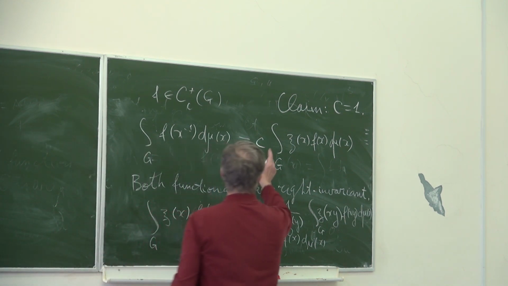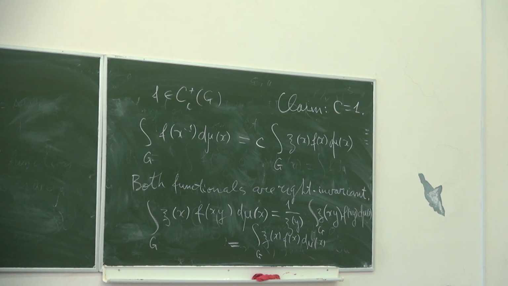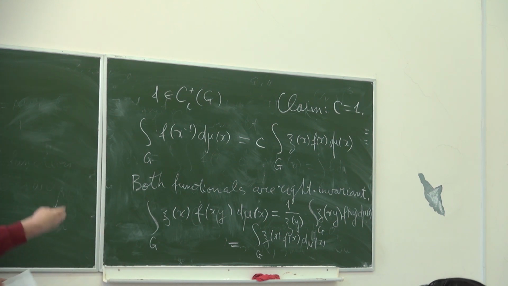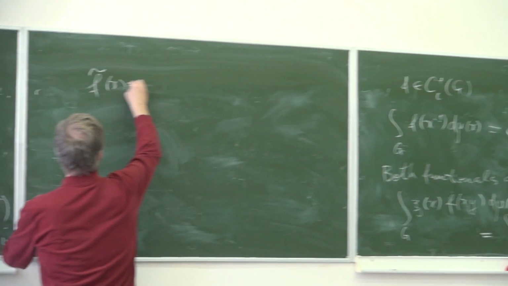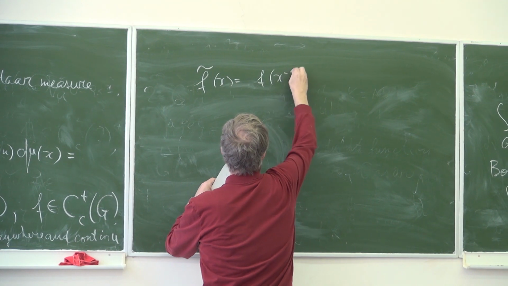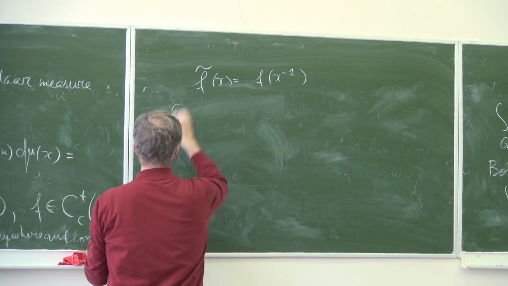Okay. So we have this formula, and of course c here is non-zero, as any constant relating to right invariant measures, a non-zero positive constant. And now let's write this for the function f tilde of x, which is equal to f of x to the power minus 1. Let's rewrite this.